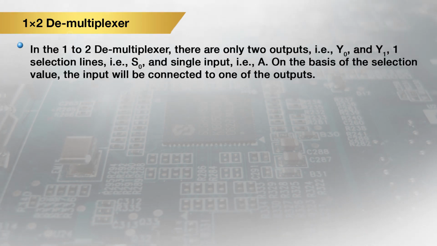In the 1 to 2 demultiplexer, there are 2 output lines, Y0 and Y1, one selection line, S0, and a single input A. On the basis of the selection line, the input value will be connected to one of the outputs.